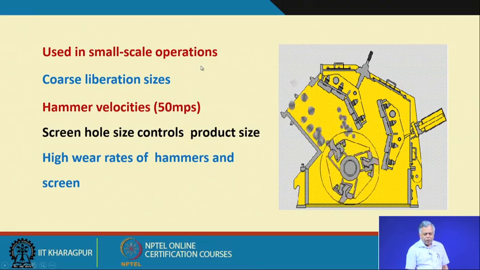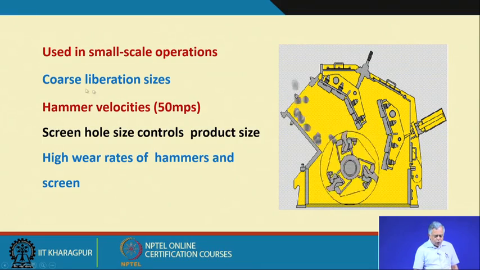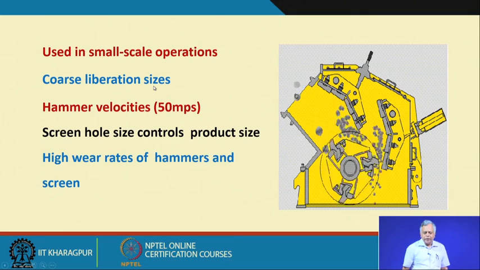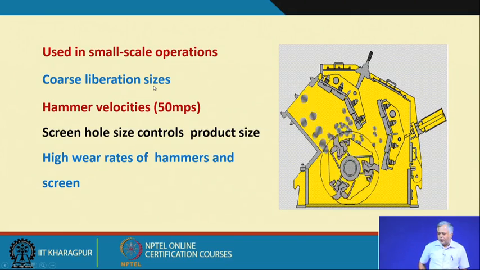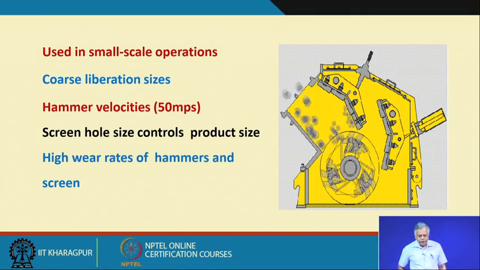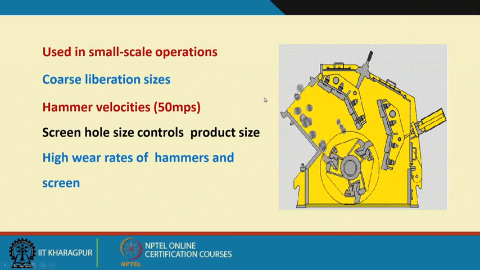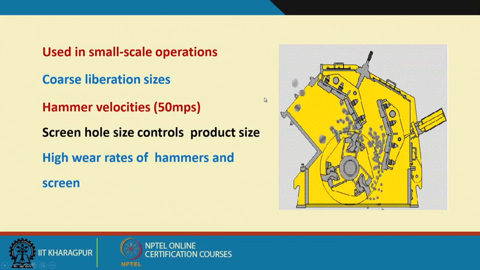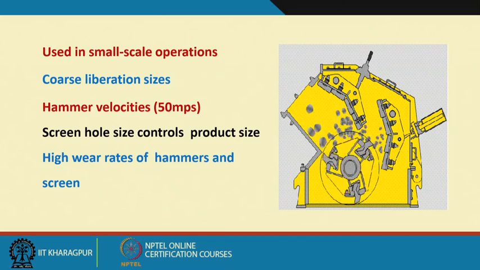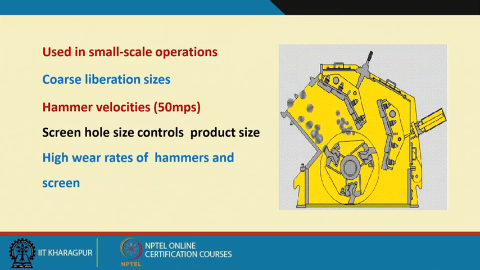They are used in small scale operations for coarse liberation sizes. That means when I want the discharge particle to be relatively coarser, we use these hammer mills, also called impact mills, because you are breaking the material by impact.